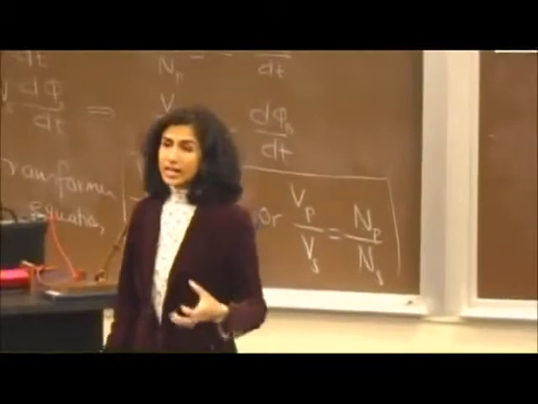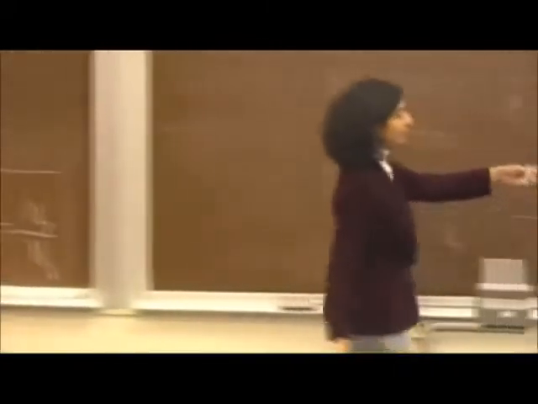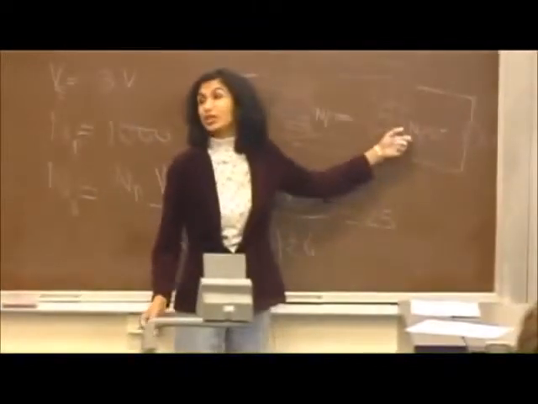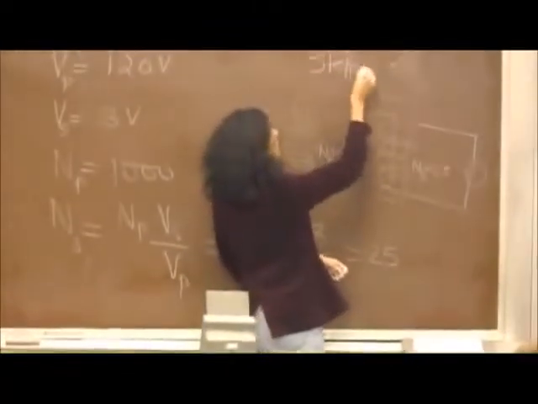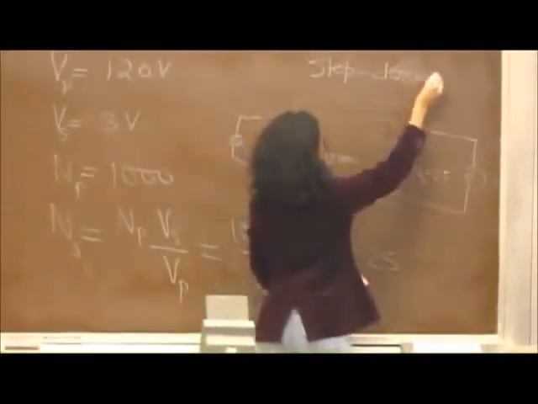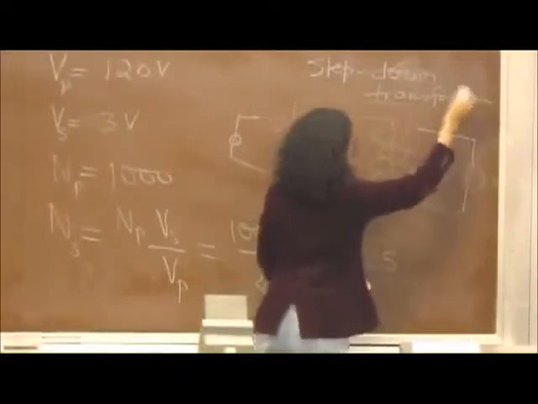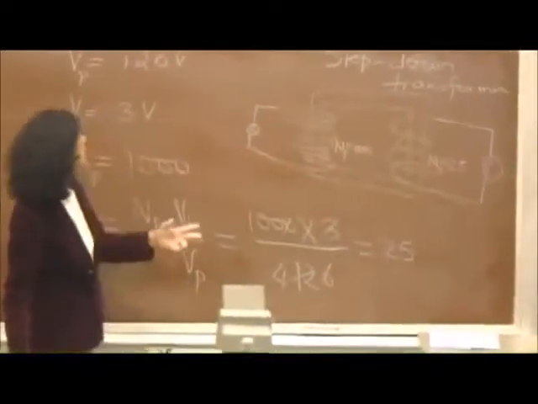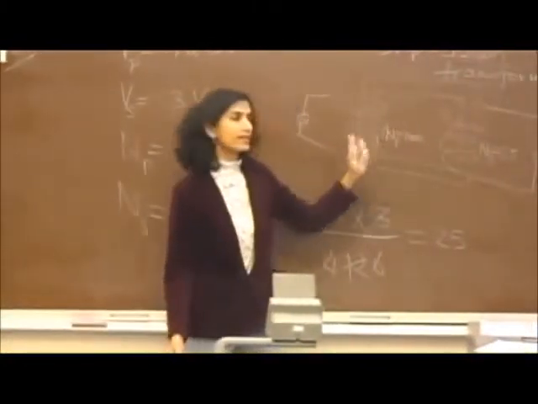By the way, a transformer that decreases the output voltage is called a step down transformer. So a step down transformer is one in which the output voltage is less than the input. That means there are fewer turns here than here.